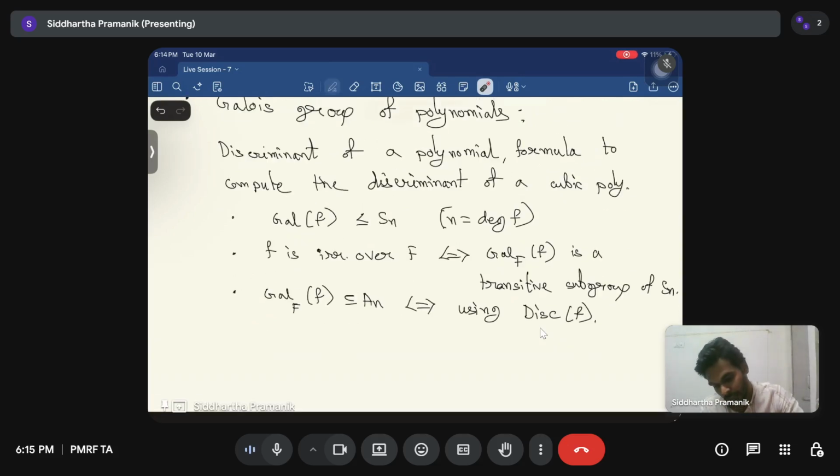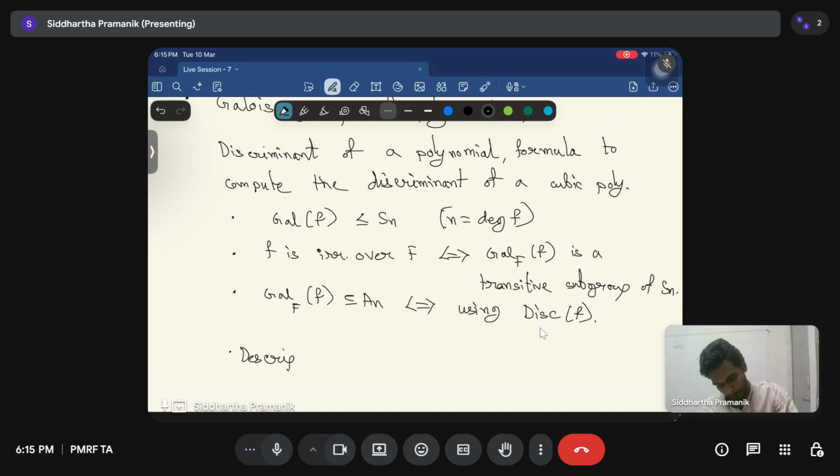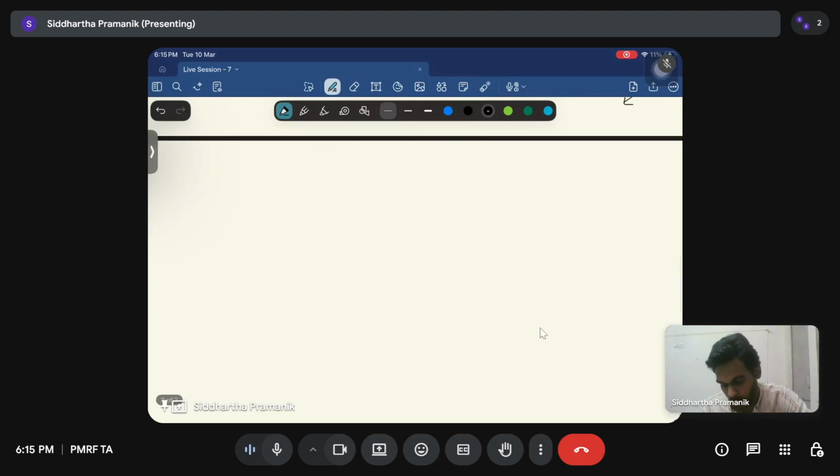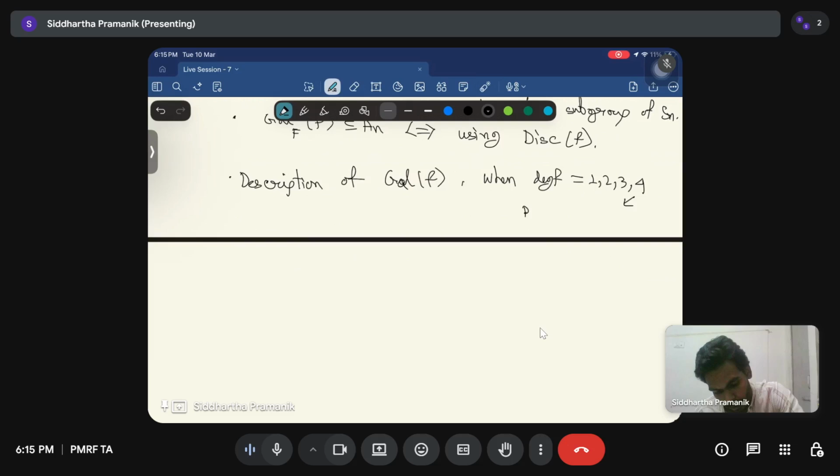Then we have given a description of the Galois group of a polynomial when the degree of f is 1, 2, 3, and 4. For 4, there are lots of possibilities, so to give a description for a degree 4 polynomial, we have defined something called the resolvent cubic of that polynomial.